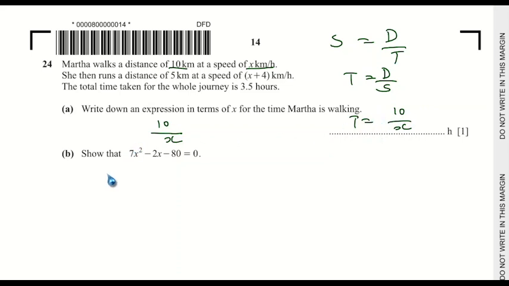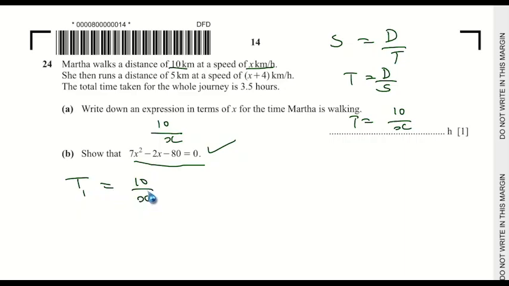Part B, show that 7x squared minus 2x minus 80 equals 0. This will be the addition of the total time taken. For the first journey, when she is walking, t1 equals 10 over x.